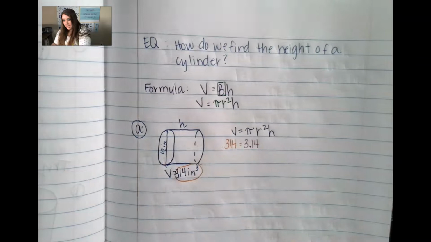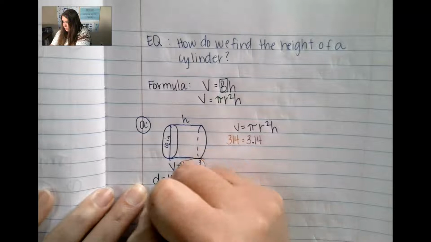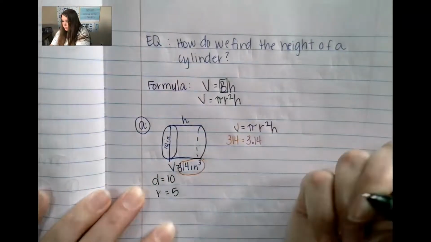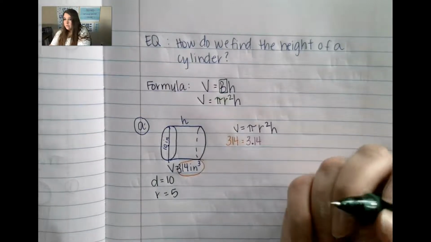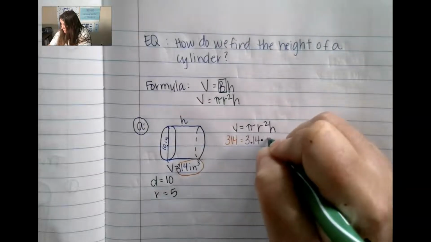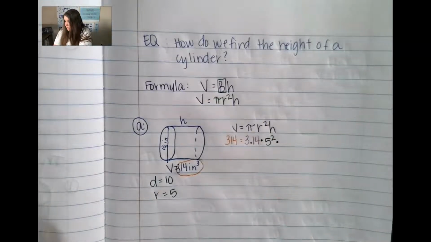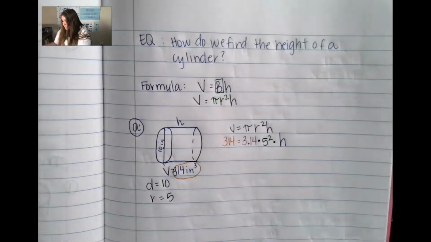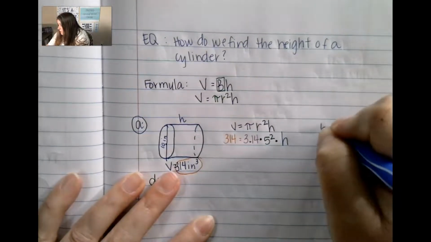Well, we know that diameter equals 10, so radius has to equal 5 because we just chop it in half. And we know this from previous lessons. So 3.14 times 5 squared. And we do not know the height, so we're going to put h right there. So our job is to solve for h. We want to know, what does h equal?